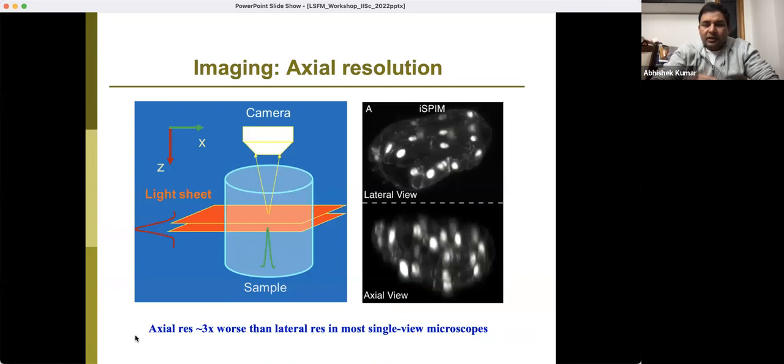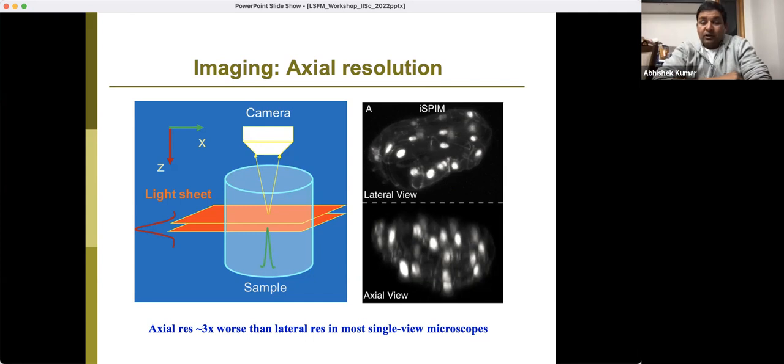The other aspect I wanted to highlight is, if you have used confocal microscopes or wide field microscopes and look at the point spread function, you will see that your point spread function is pretty good in XY, but it's more elongated in the axial dimension. The axial dimension is along the optic axis of your lens.